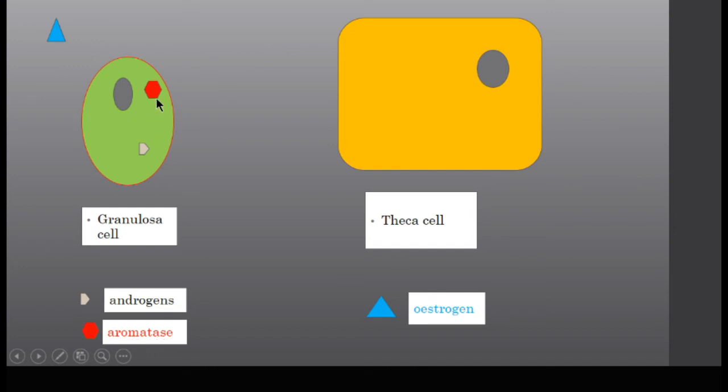So the aromatase enzyme acts upon these androgens, and after this action, the androgens get converted into this blue colored structure, which is the estrogen. I have shown over here, this blue colored structure is the estrogen. So you have seen how this happened. The androgens from this theca cell enter into the granulosa cells, and the aromatase enzyme acts upon these androgens and converts them into estrogen.